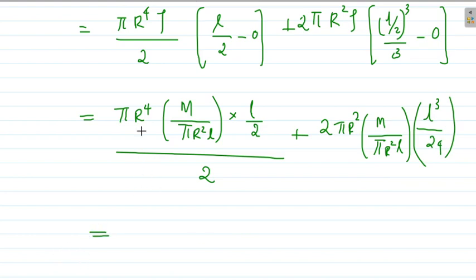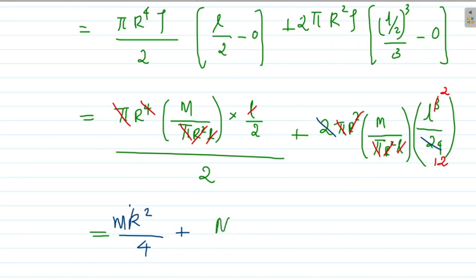Now we can cancel out certain terms here. R raised to 4 and r square will cancel out, 1 r square will cancel out, the pi term will cancel out, and here L will cancel out. So the first term is r square m divided by 4. The 2 and 2 together are in the denominator, that is how we have a 4 here. Plus this 2 and 24 will cancel and we will have a 12 there. Pi will cancel out, r square will cancel out, 1 L factor will cancel out.